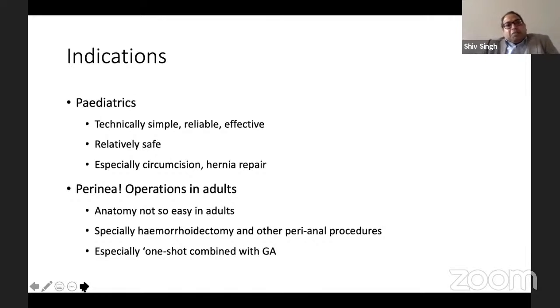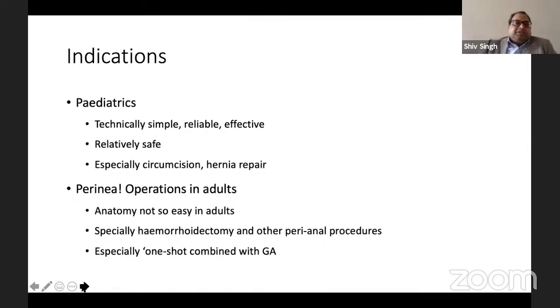Indications: it is commonly used in pediatrics. In pediatrics, there is a formula for how much local anesthetic you can use. It's 0.25%, and depending on the volume, you can get the level from your inguinal area up to the umbilicus, and you can even reach the thorax. In pediatrics, it's technically simple, reliable and effective.